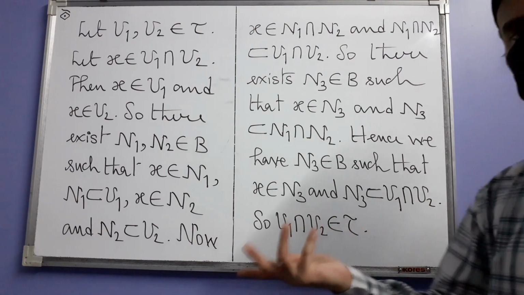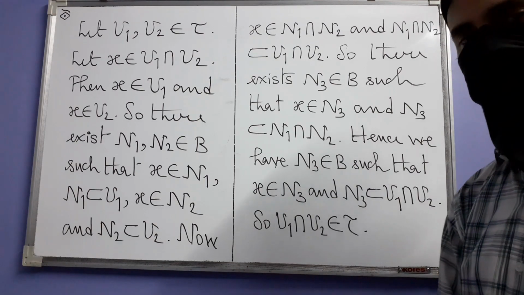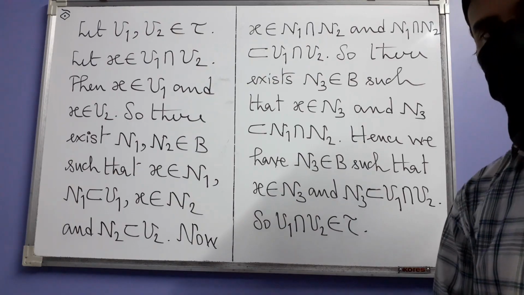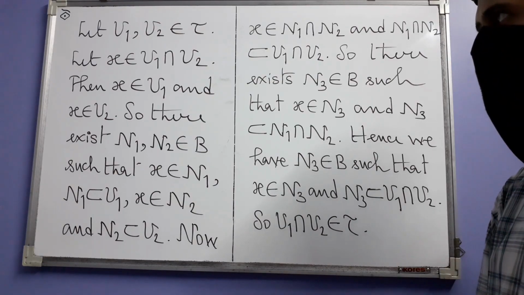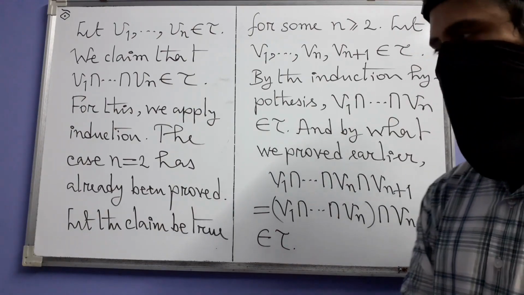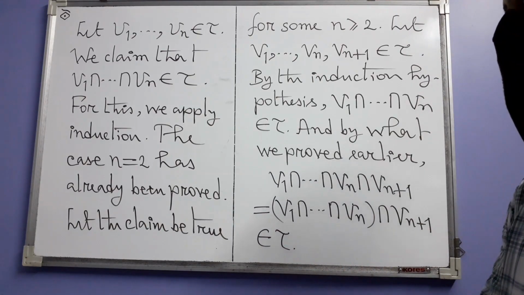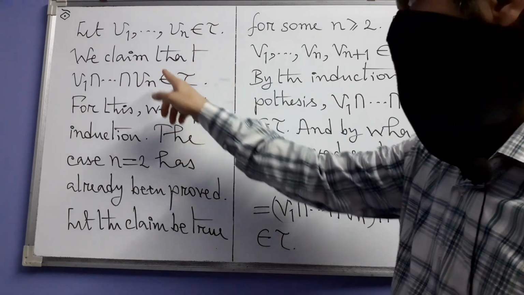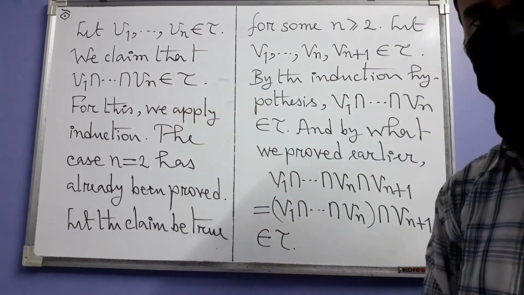But now what do we do for the general case where we have any finite number of sets involved? Simply we apply induction. The induction argument is absolutely straightforward, but let's go through the details. So now we have any finite number of elements in tau, and our claim is that their intersection is in tau.